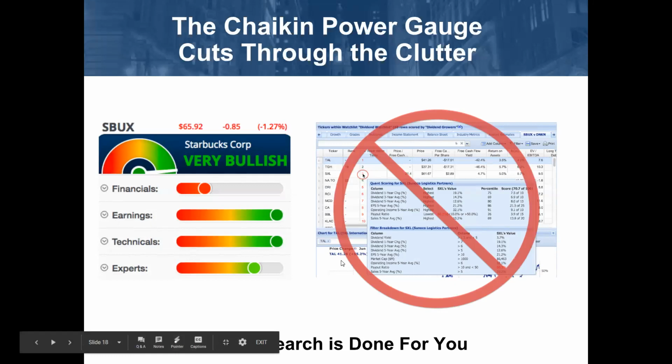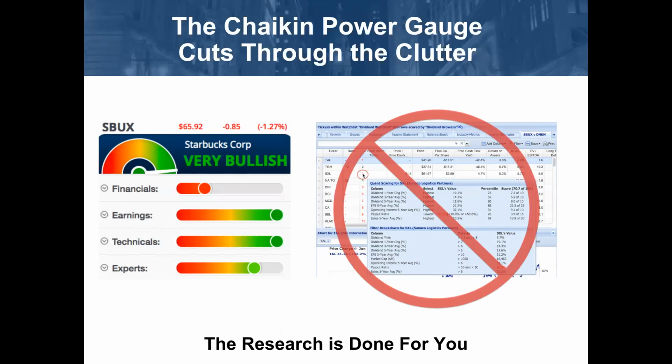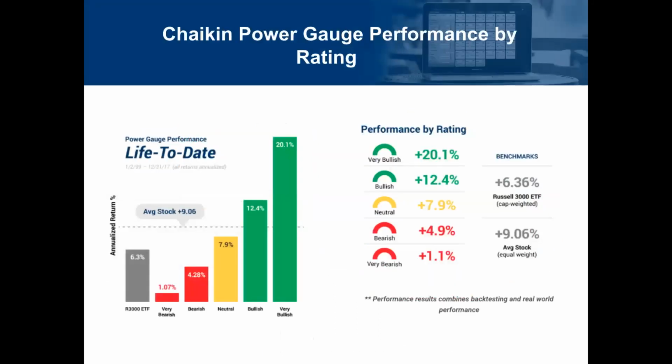And most importantly, that research is done for you. On a daily basis, this Power Gauge updates for all the US listed stocks. When you log into Chaikin Analytics in the morning, the research is there and it's done for you. And the performance in my mind kind of speaks for itself.